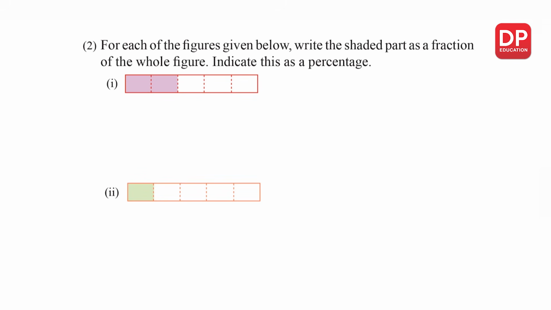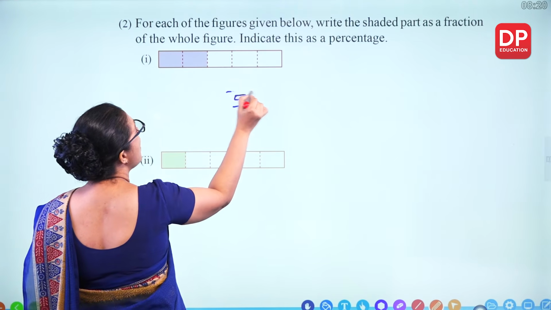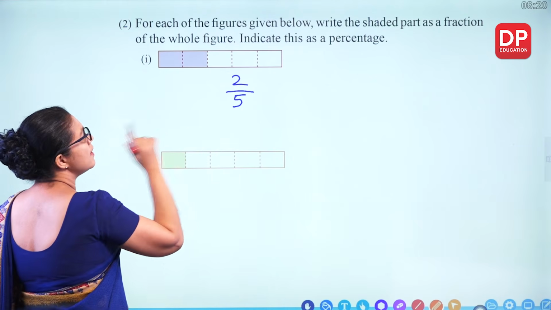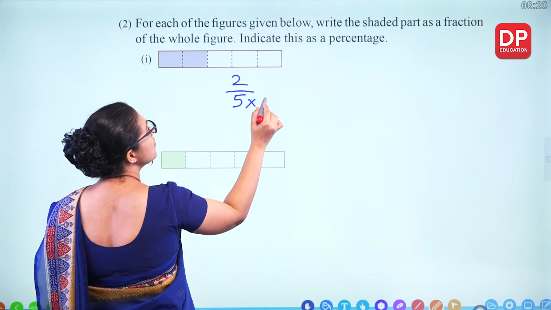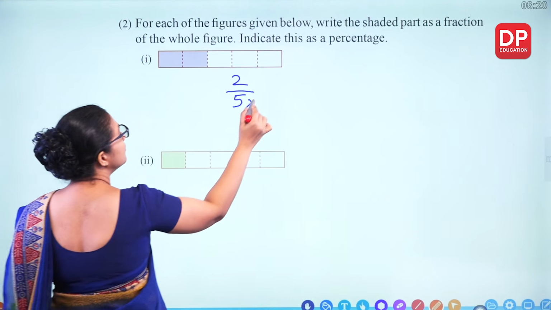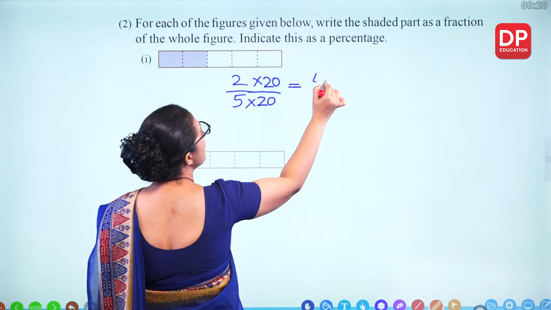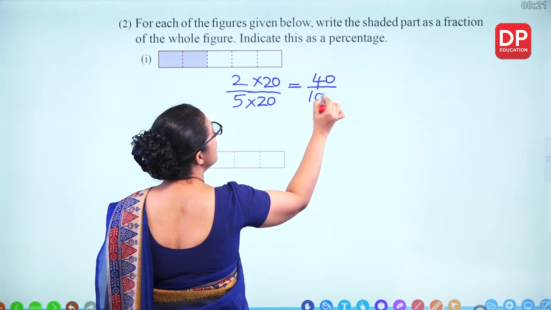For each of the figures given below, write the shaded part as a fraction of the whole figure. Indicate this as a percentage. 1, 2, 3, 4, 5. Out of 5 parts, 2 parts shaded. Convert to a percentage. Multiply by 20. You get 40 over 100.